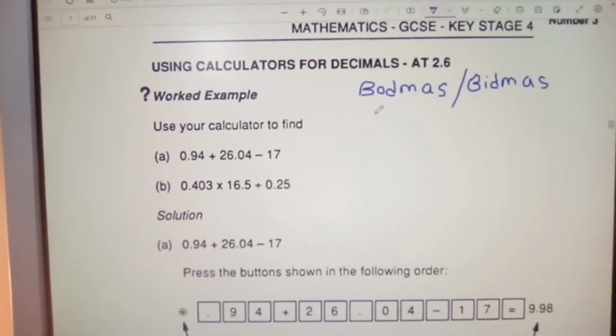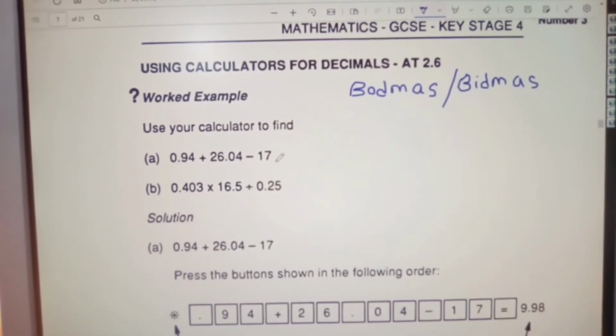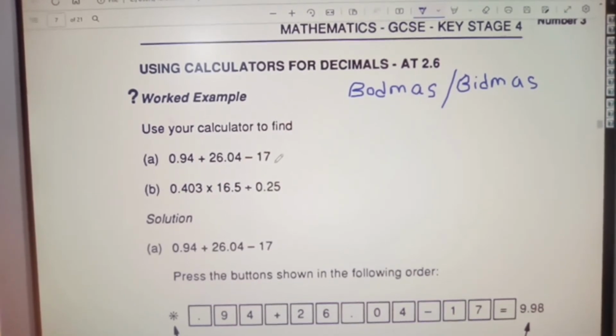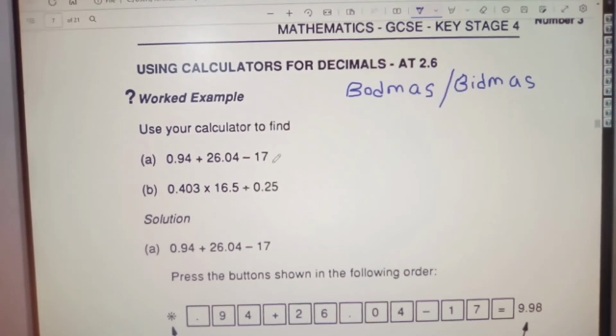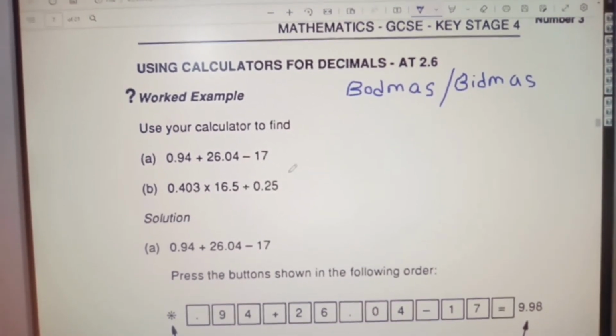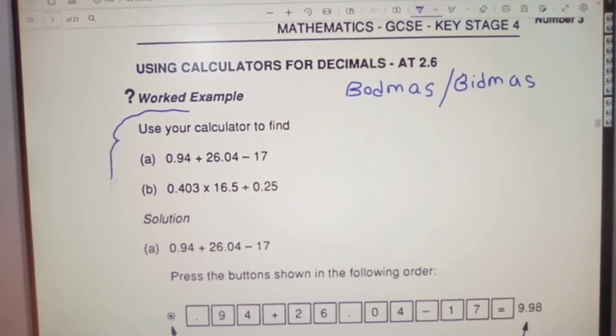Now what is the result of this? I've got quite a number of pages here, so what I would like you to do is use your calculators and give me the answers to these first.